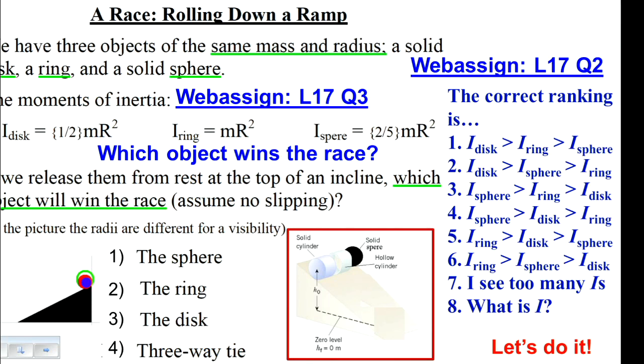So I'm going to let them go. They're going to roll down. These are the only options we have. The question is which object will reach the finish line first, travels this distance fastest. It's going to be either a sphere or a ring. A ring means hollow cylinder, or a disk or a solid cylinder. Or they might reach the finish line at the same time. Three-way tie.